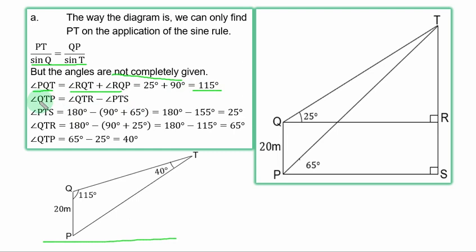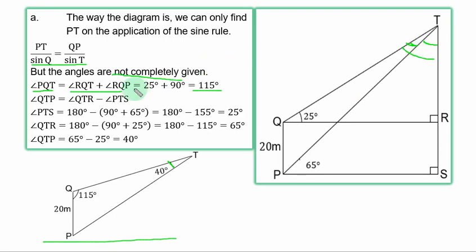For us to get angle QTP, you get this angle by looking at triangle PST. You get this entire angle by looking at triangle QRT.